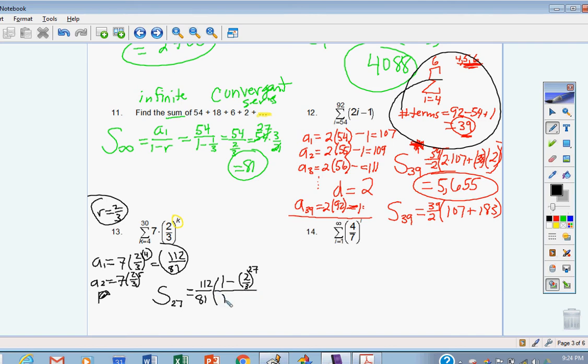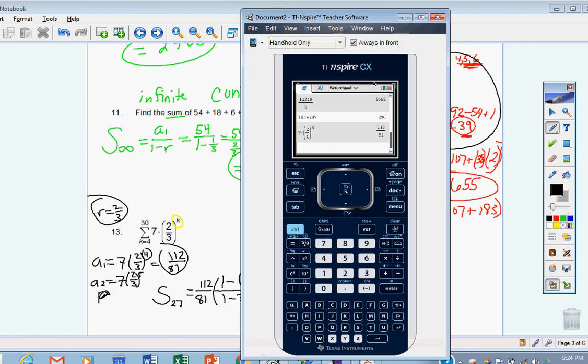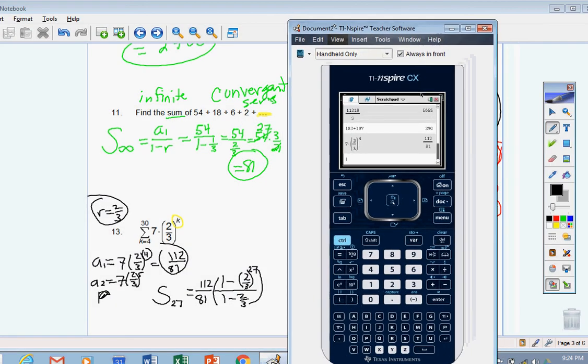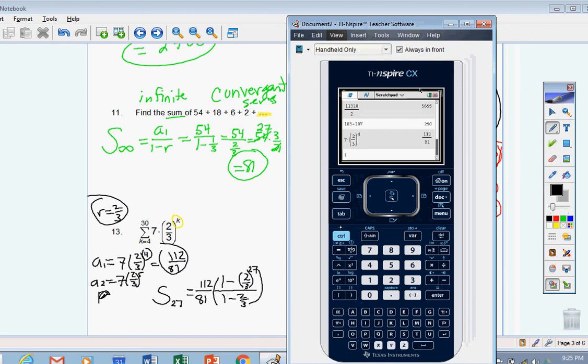And then we have 1 minus 2/3, which I should have just written as 1/3 on the bottom. Okay, so now I'm going to put it all in the calculator in one fell swoop.